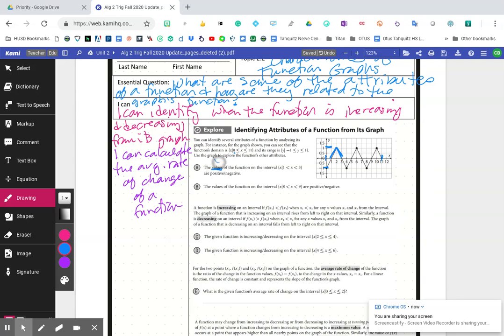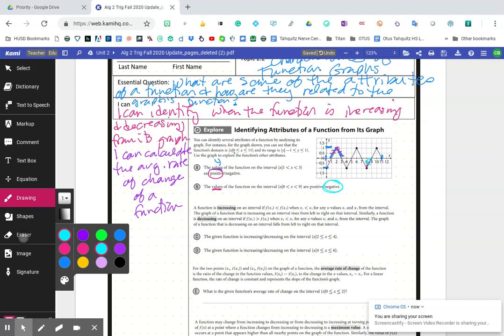The values means what is the y. So you'll notice all of your y's up here are all positive. If I was underneath the x-axis, they would be negative. For the values of the function, so again, we're looking at y's, in the interval from 8 to 9, that would be this part of the graph. And notice all of those values are below the x-axis, so those ones are negative.